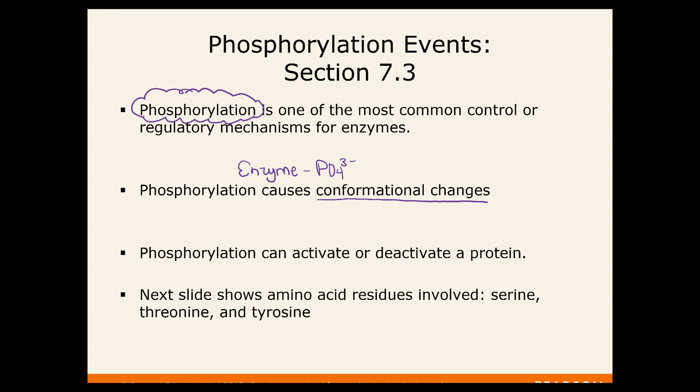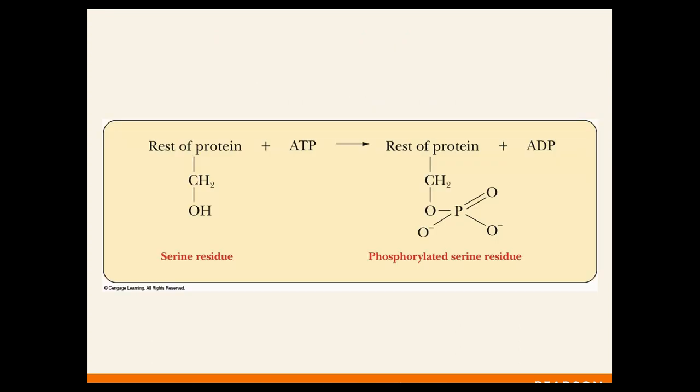You know that I really like chemistry. So the next slide is going to show us which amino acid residues would actually be able to grab that phosphate. The three major ones are going to be serine, threonine, and tyrosine. So here's a serine residue.